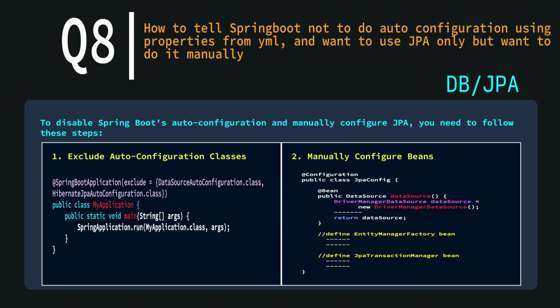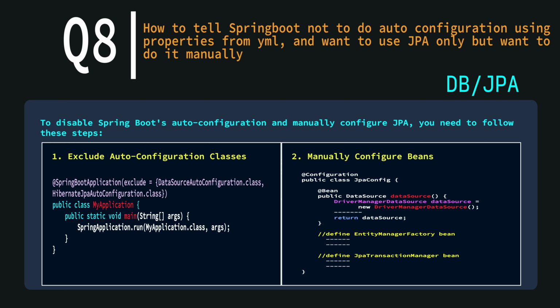You can see in the first step I'm excluding the data source auto configuration class and the Hibernate JPA auto configuration class. So when we exclude these classes, there is no way Spring can instantiate those respective data source and JPA classes, right? And in the second step, I'm just defining the beans, that is data source, entity manager factory and JPA transaction manager.